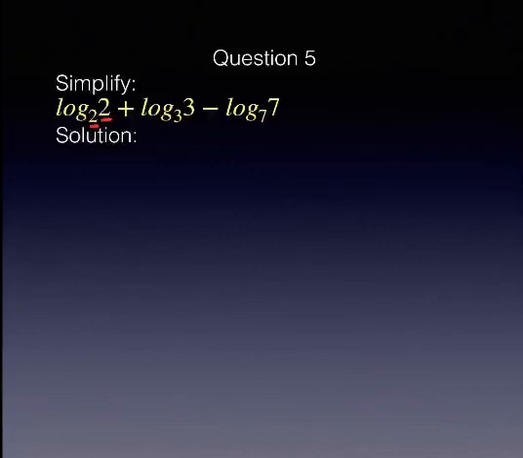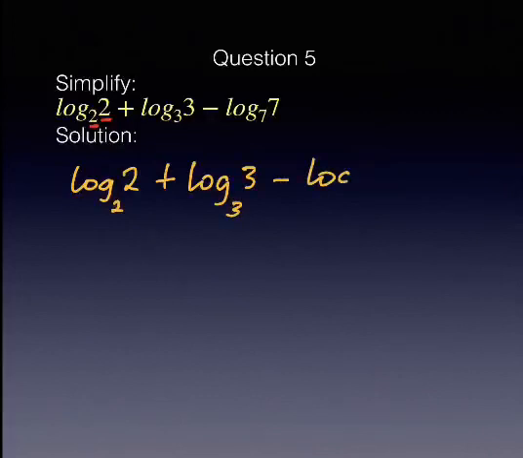So if I rewrite this question, it's log 2 base 2 plus log 3 base 3 minus log 7 base 7. If I analyze this expression, I can see that log 2 base 2 is 1 from rule number 5.